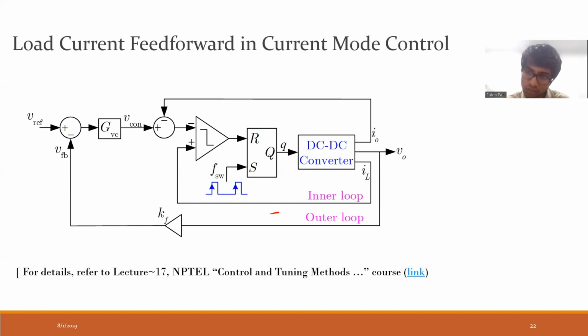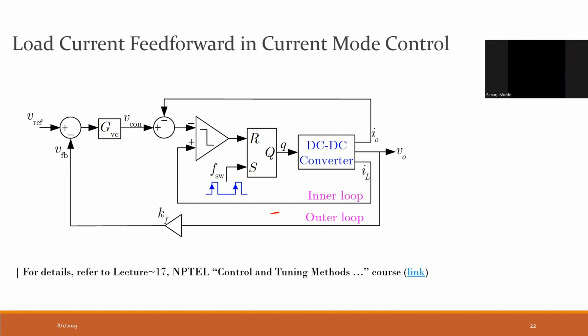Because it has been designed to be slower, whenever there's a change in the load current, it takes time to react. It will react, but it will take time. Now to increase the speed at which it reacts, if we directly feed the information of how much change is happening in the output current, then it would react faster. That is why we use feed forward.